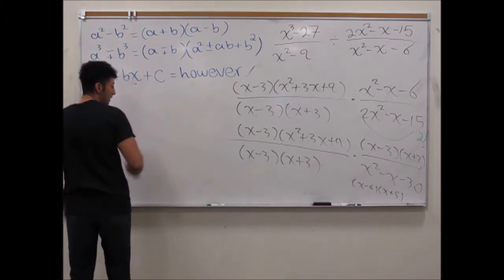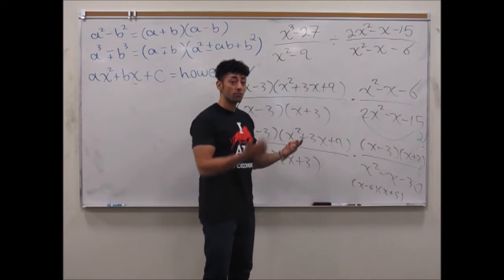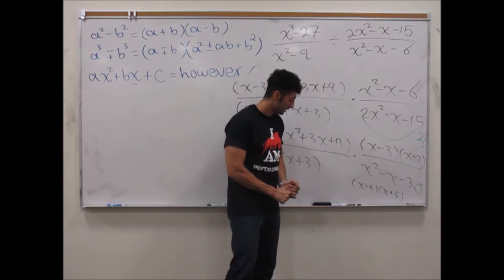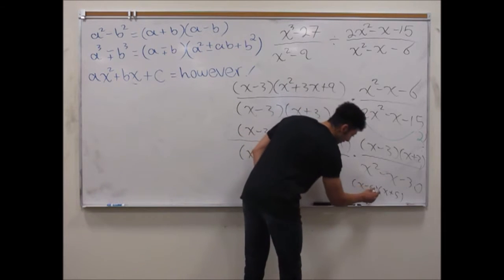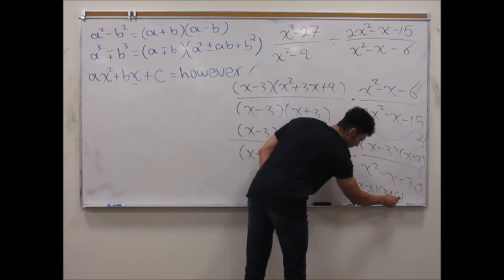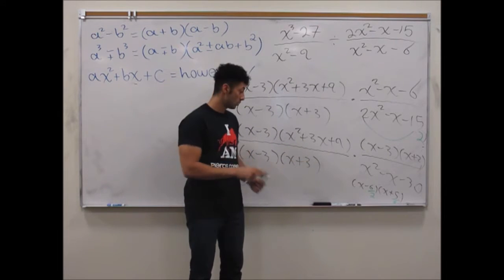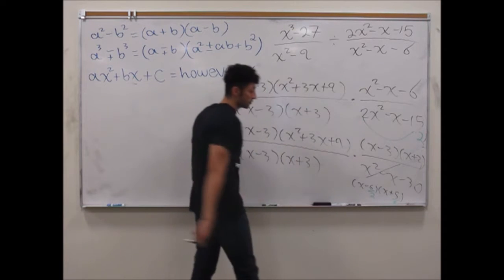And then with the throwback method, don't forget to divide, because that's not a legal move to bring the 2 back like that. So divide the numbers by the 2. Barely going off the screen, but you've seen me do that before, so I hope you know what I'm doing there. And I factored this to be x minus 6 and x plus 5.